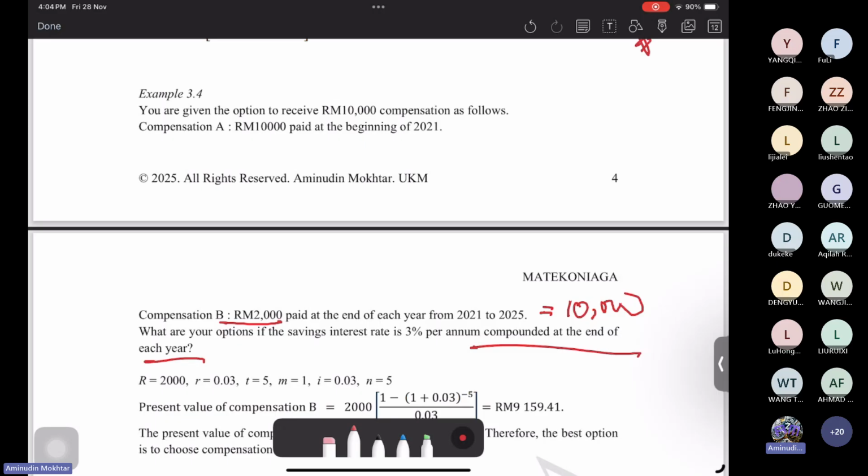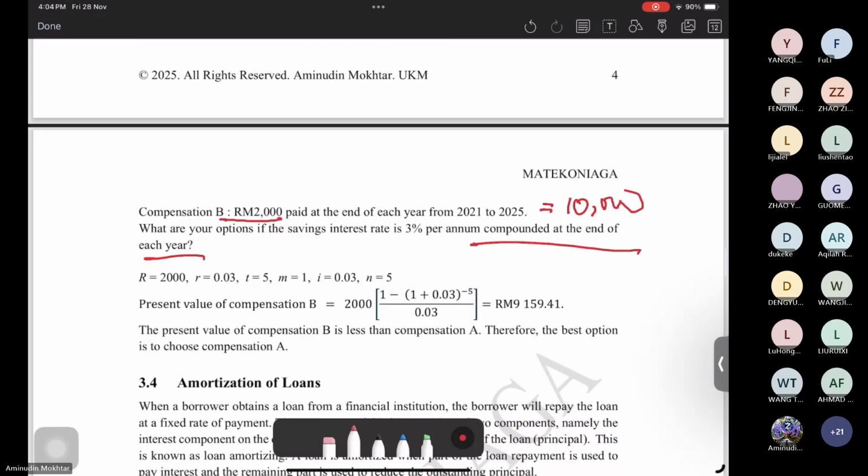But now we need to find the present value of compensation B. Why? Because compensation B's amount of 10,000 ringgit is paid at the end of each year, which is 2,000 per year. So you will receive this amount in the future, not today.